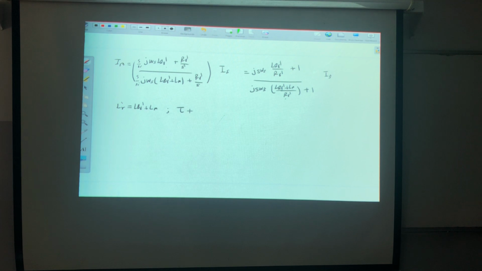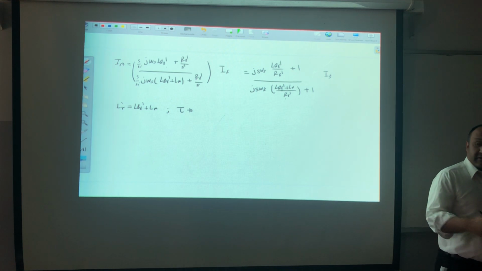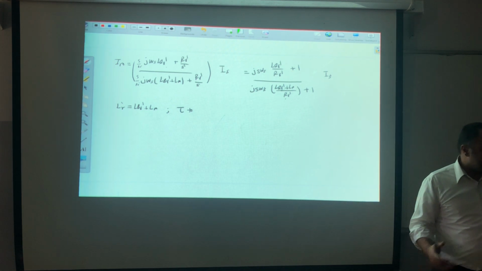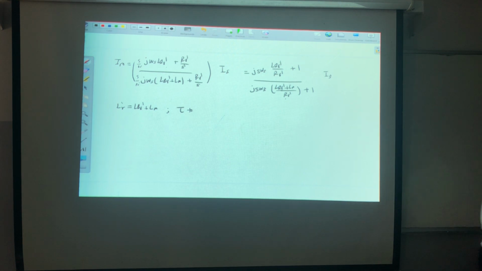Now, tau in general: the time constant of any RL circuit is equal to L over R. So the time constant for the rotor circuit is Lr' over Rr'. And let us define the following normalized inductance, sigma R, equal to Llr' over Lr'.